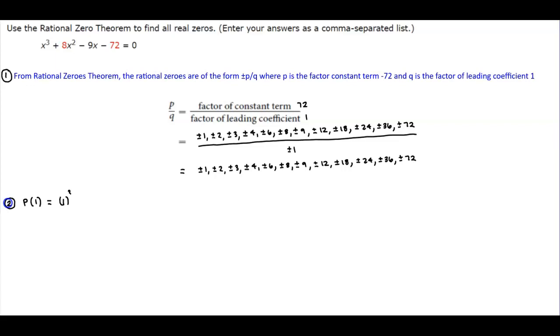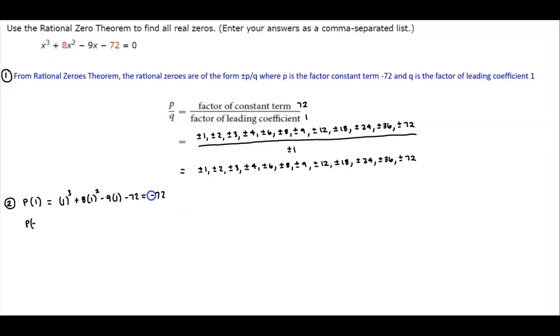So if we put in 1 cubed plus 8 times 1 squared minus 9 times 1 minus 72, this is going to equal negative 72. So we know that p of 1 is not a rational zero.